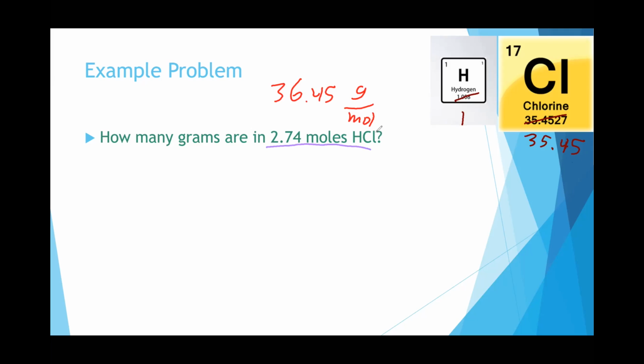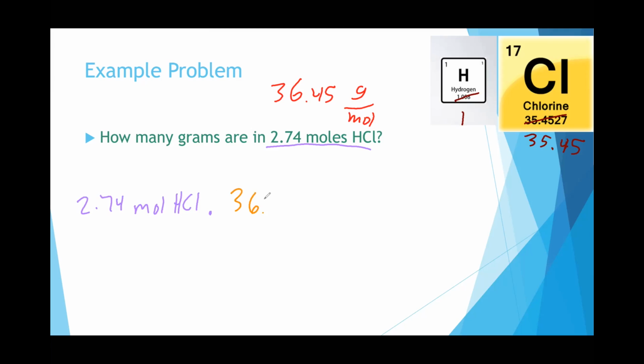And let's start off with what we have. The only information we have now here is 2.74 moles of HCl. And MOL is a shorthand for moles. You might see that a lot. And then we need to use our molar mass. And this time we want the grams to be on the top, so the moles cancel off with the bottom.